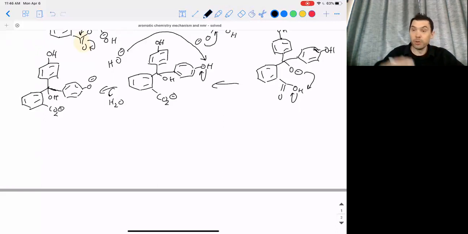And now I can push off that OH minus as a leaving group, which isn't usually the best leaving group, but for those of you that have gone through the acyl substitution mechanism, you've probably also been through the aldol condensation. And in the aldol condensation, we do end up losing hydroxide as a leaving group.